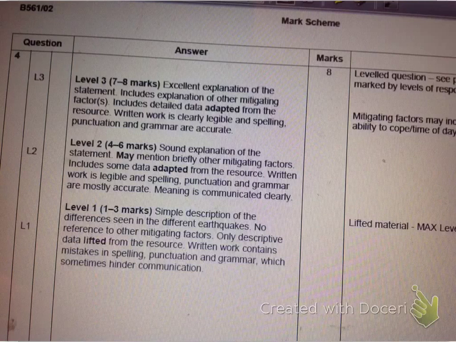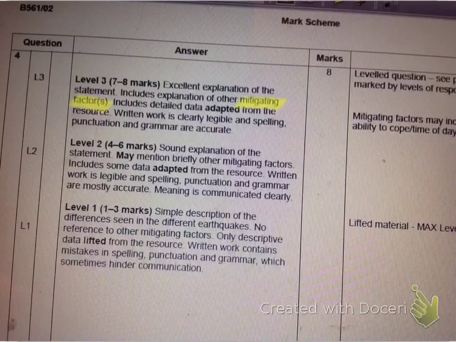So try to use the material but put things into your own words, and if possible add some other mitigating factors, and you'll see that you needed to add some mitigating factors to actually reach that level 3. There was only a couple of examples in the class who managed to get up into that level 3.